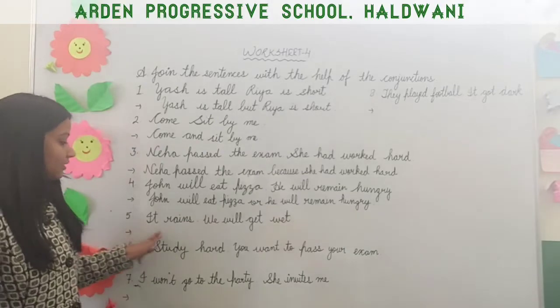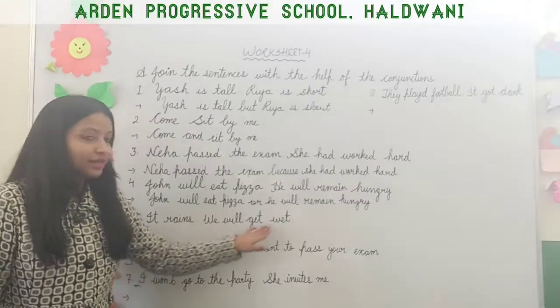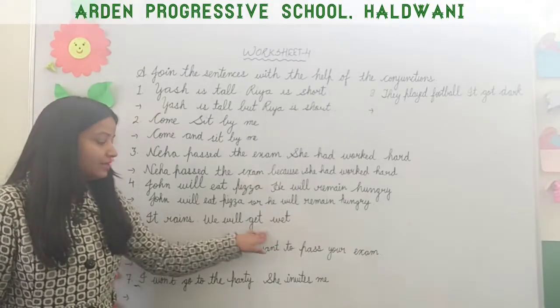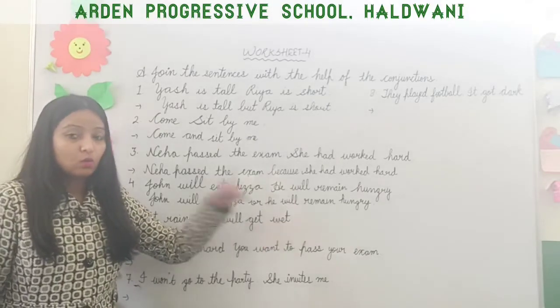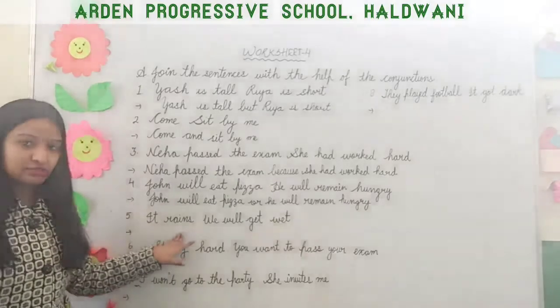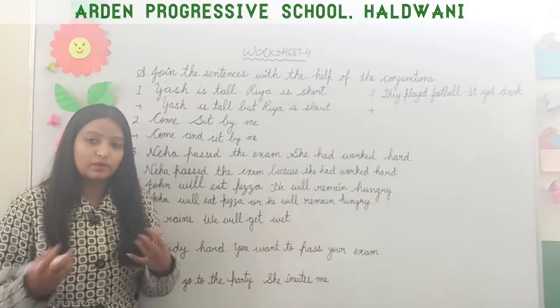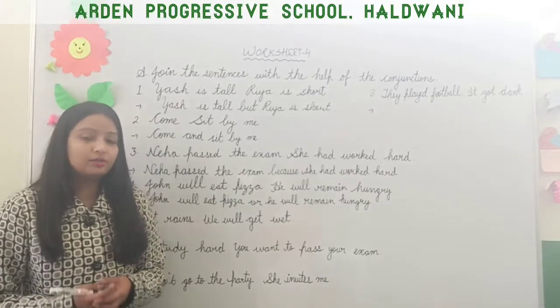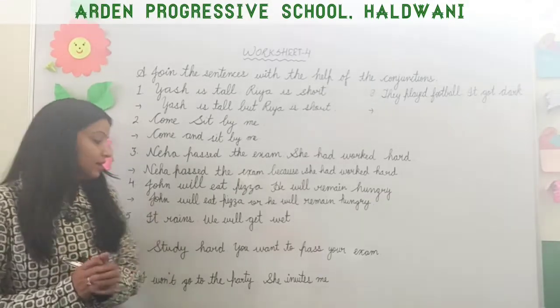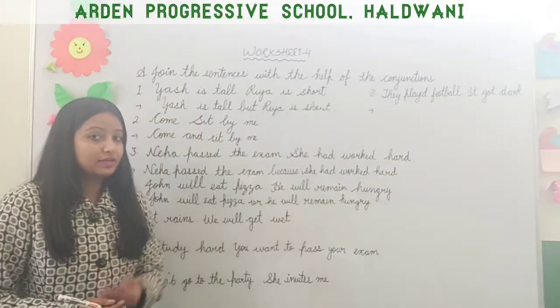Now the next is: it rains, we will get wet. We will get wet with a condition. What is the condition? That is it rains. So whenever we apply condition, then we use if. So we will get wet. What is the condition?